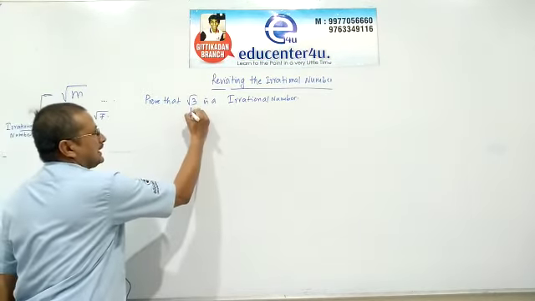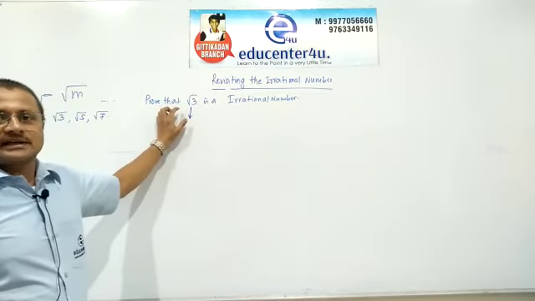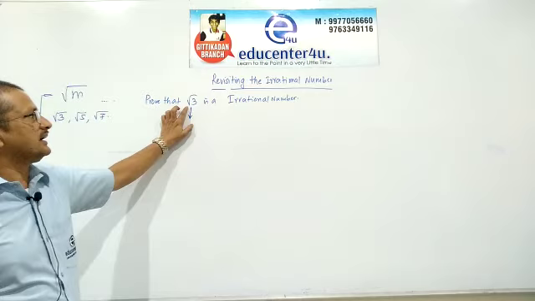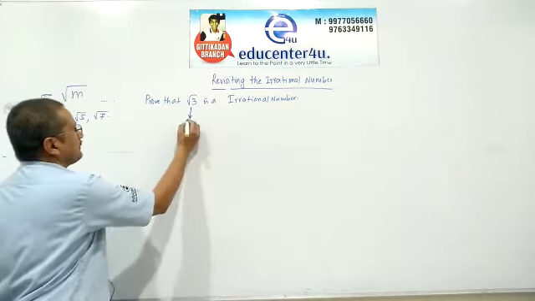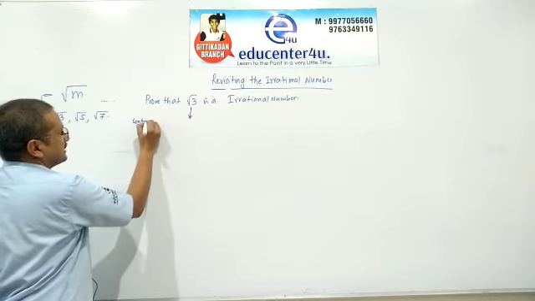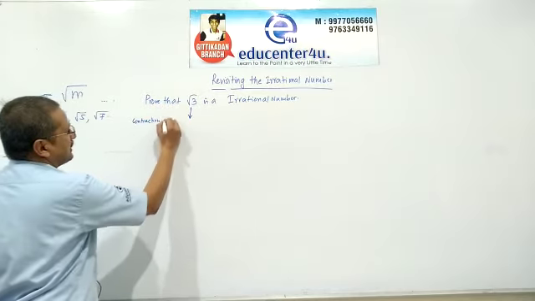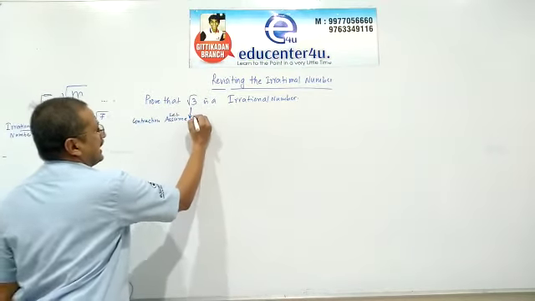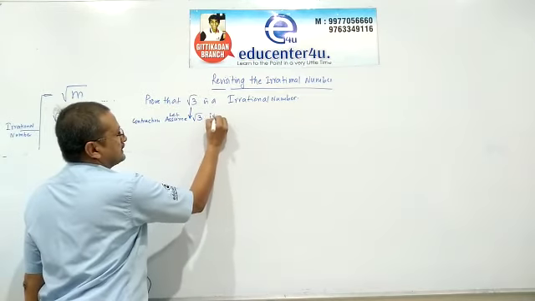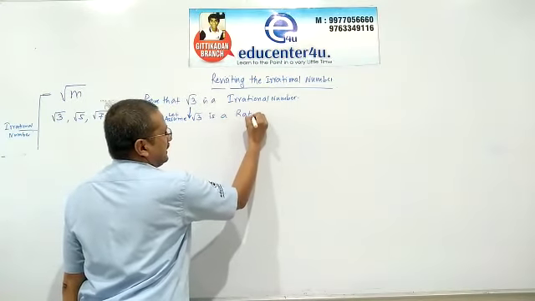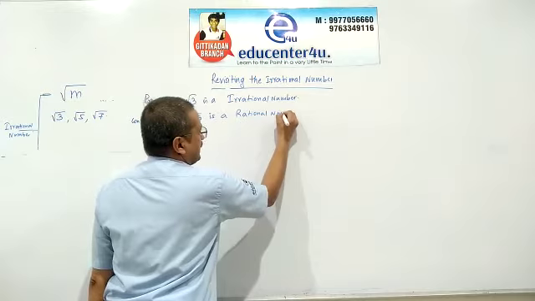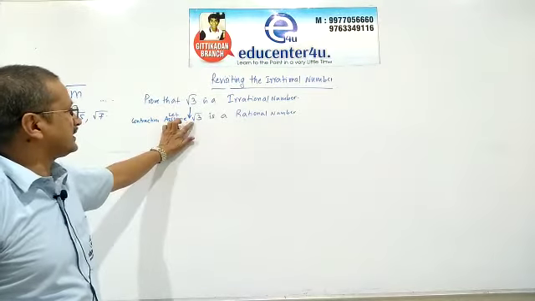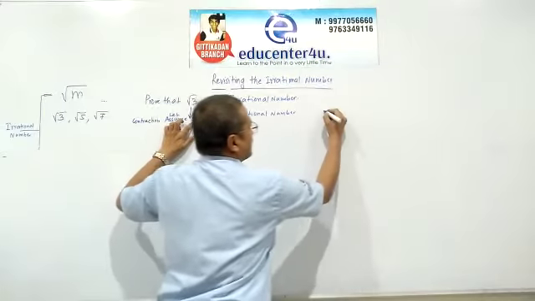We will prove this by contradiction. We will assume that root 3 is a rational number. Contradiction means opposite, so we are taking the opposite: root 3 is a rational number. And what are rational numbers?